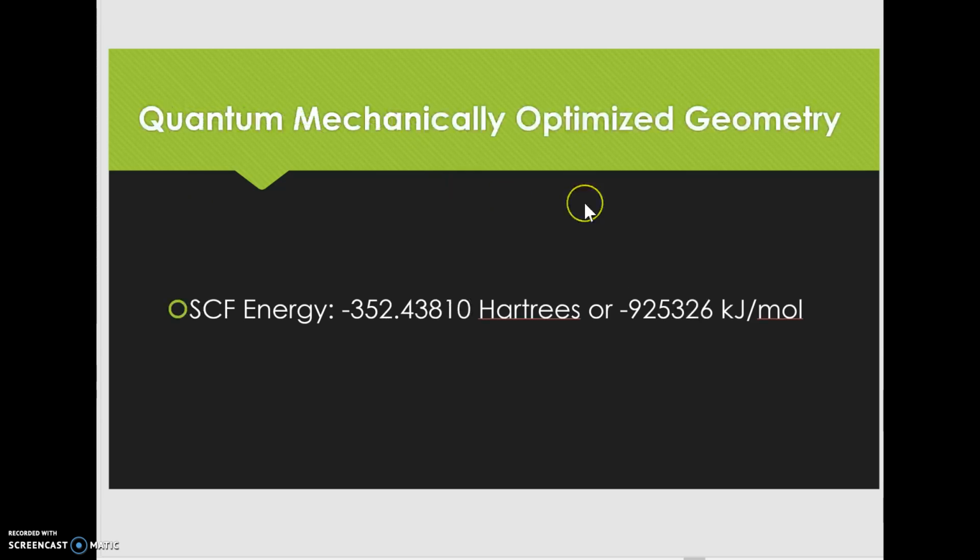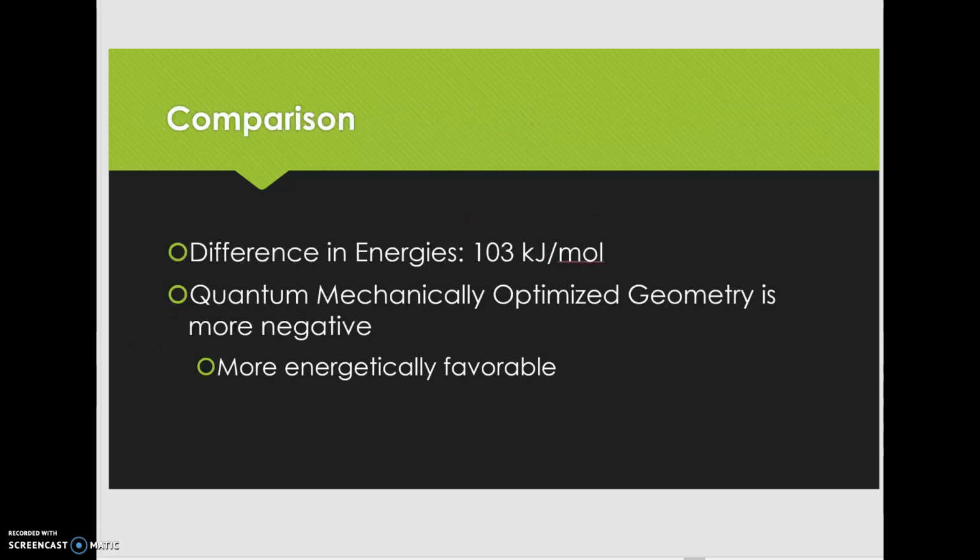Compare that to the quantum mechanically optimized geometry, which has an SCF energy of negative 352.43810 hartrees, or negative 925,326 kilojoules per mole. If you haven't quite done the math yet, that means that the difference in energies is 103 kilojoules per mole, and the quantum mechanically optimized geometry is more negative.